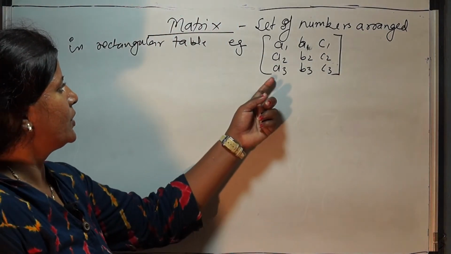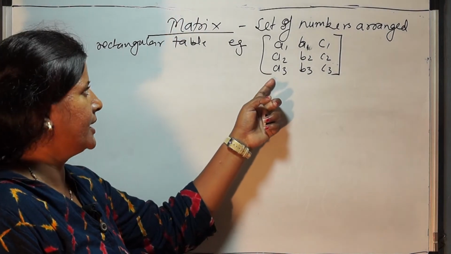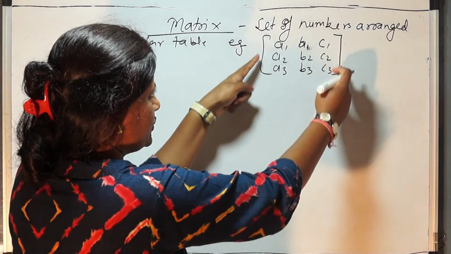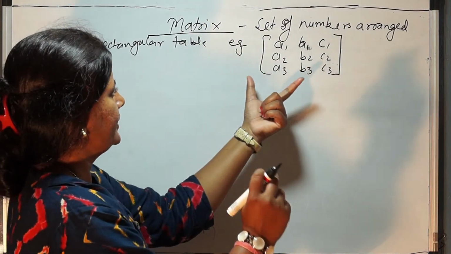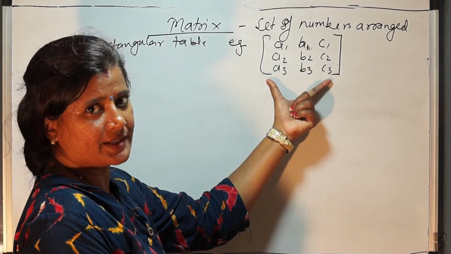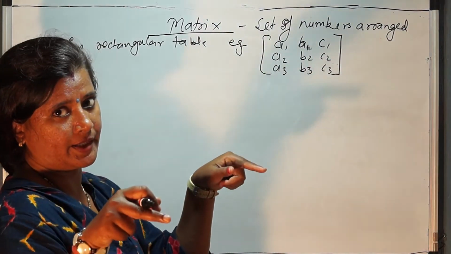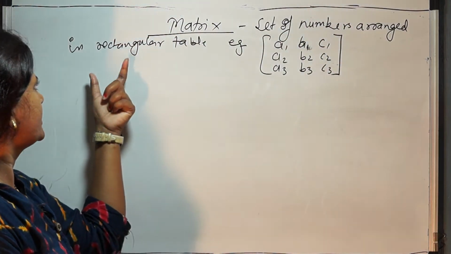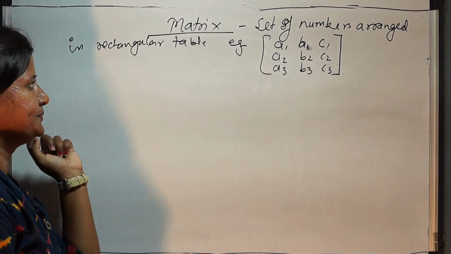This arrangement you also saw in determinant, but determinant is written in between two parallel lines, but this matrix is written between square brackets. Okay, so just a set of numbers arranged in a rectangular table.